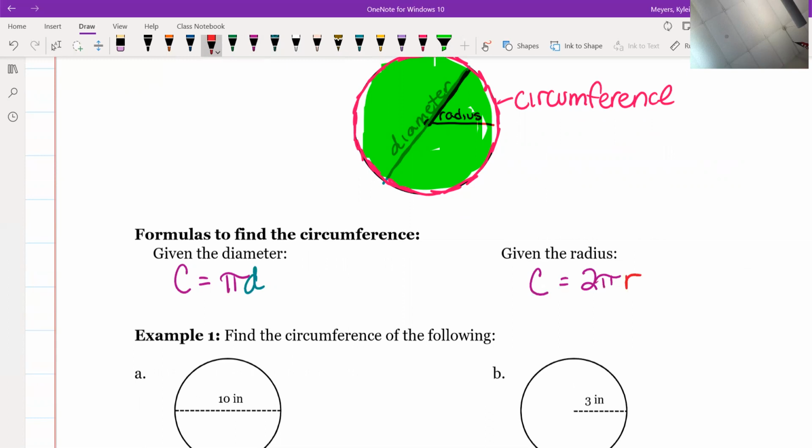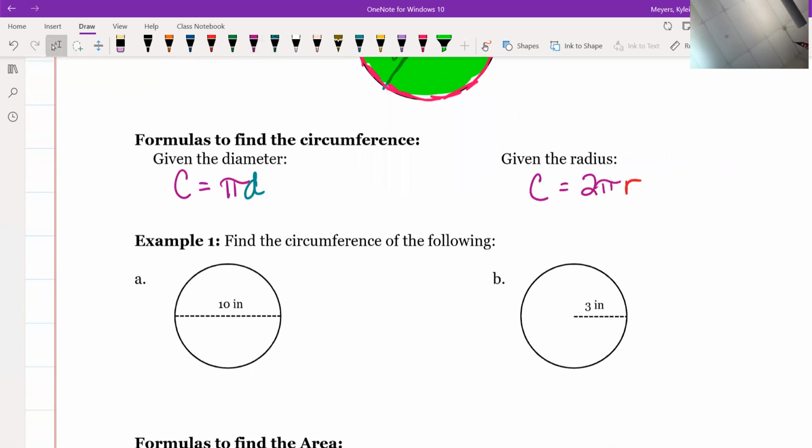So let's figure this out. We're going to find the circumference. First we have to figure out, is this my diameter or my radius? Well, it goes from edge to edge, so it's my diameter.